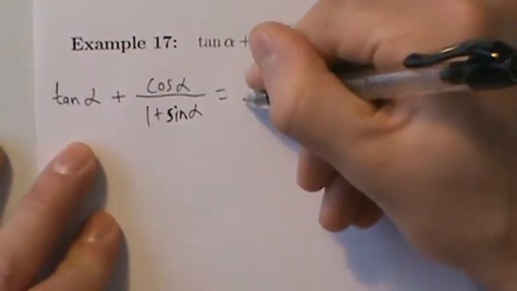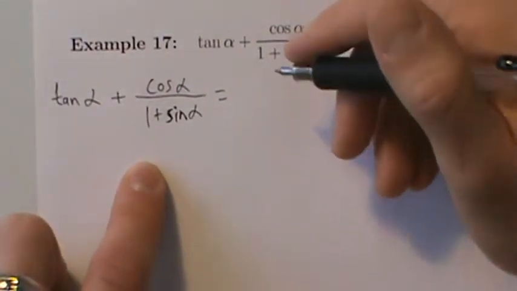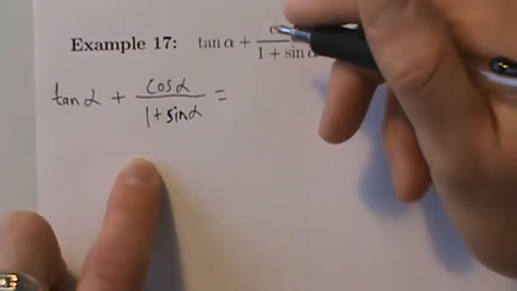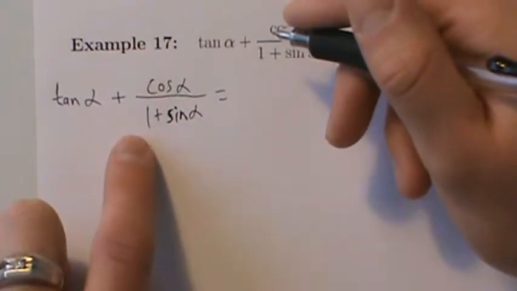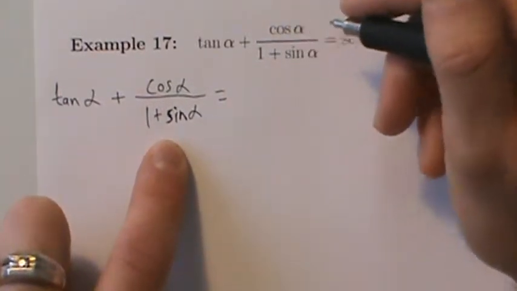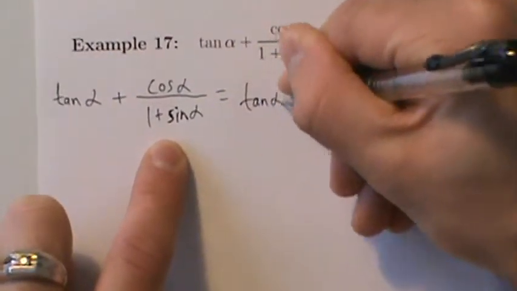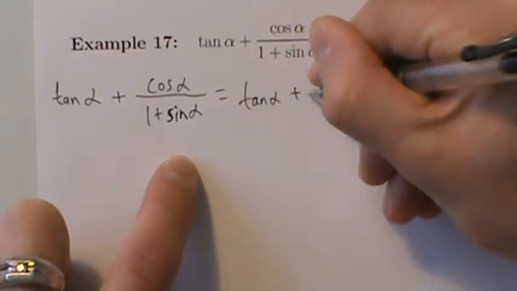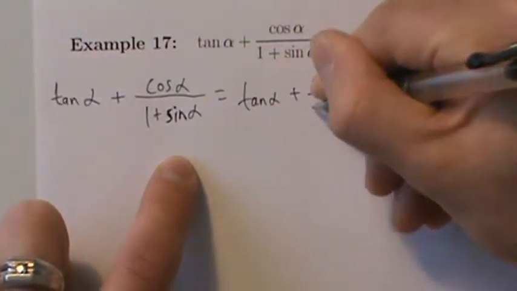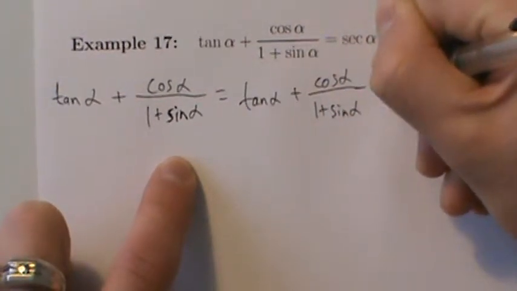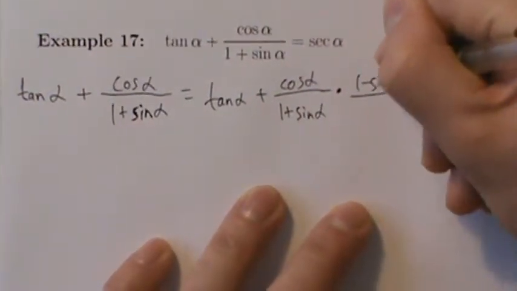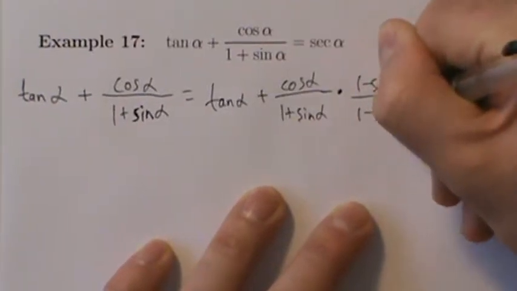When you're not sure where to go, and what you have is something over 1 plus sine of alpha, tangent of alpha stays tangent of alpha, and then for cosine of alpha over 1 plus sine of alpha, let's try multiplying by 1 minus sine of alpha over 1 minus sine of alpha.